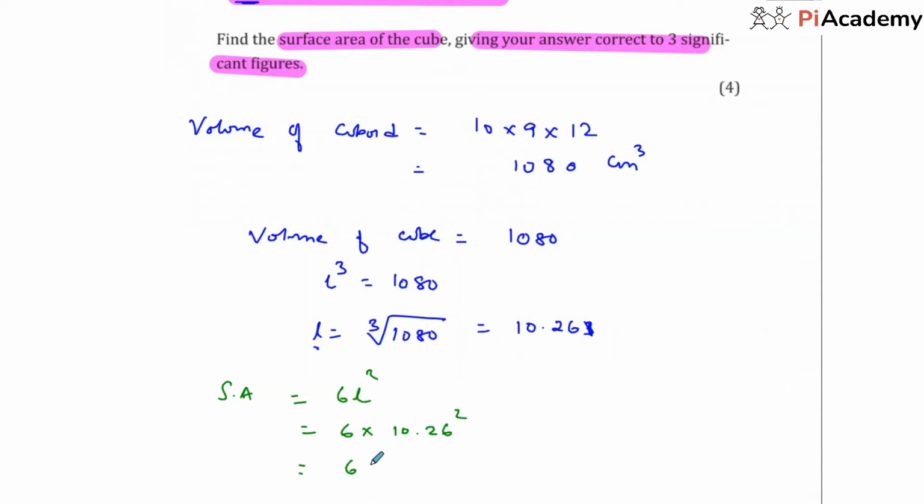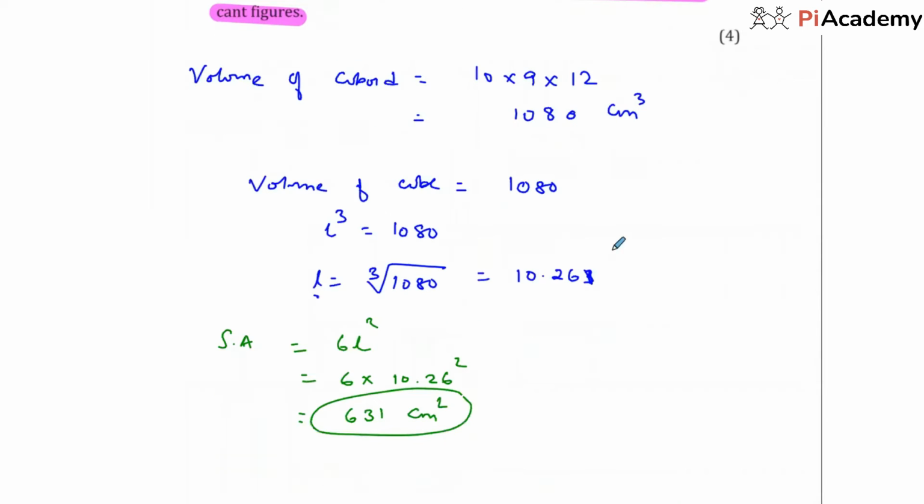You're asked to give 3 significant figures, so 631 centimeters squared is your answer. Make sense, guys? Okay, let's go to the next question.